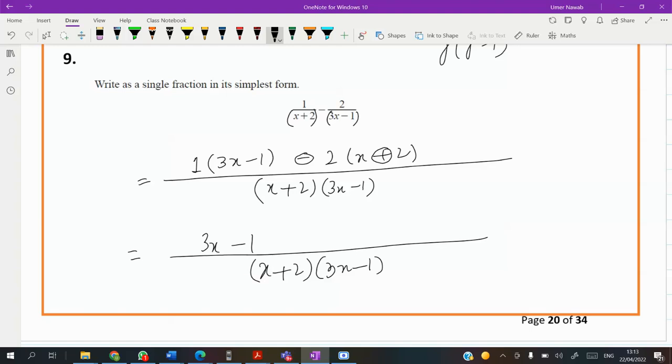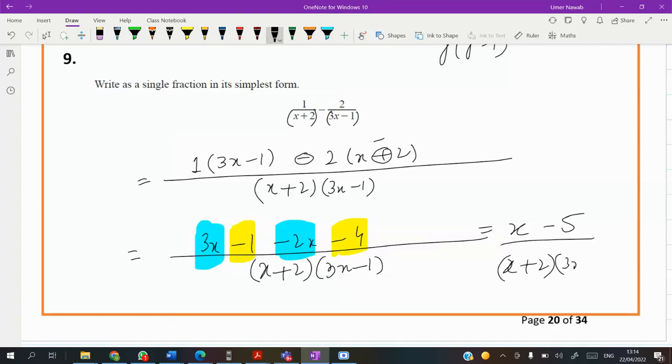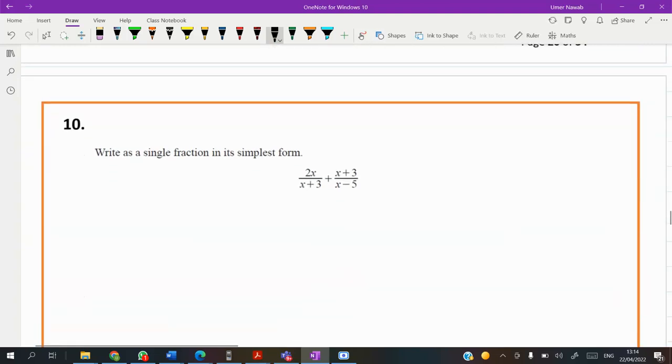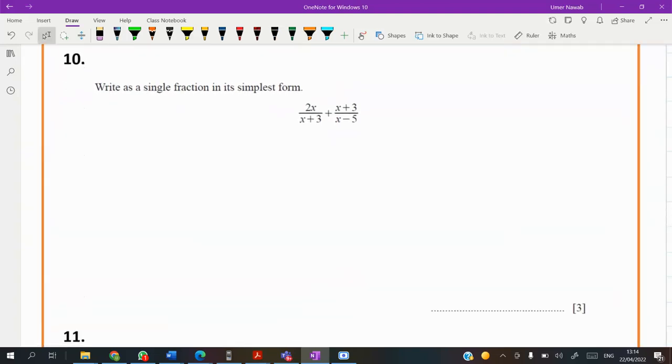Minus changes this plus sign to minus, so I'm going to get minus 2x minus 4. Final answer, 3x minus 2x, it is x, and minus 1 minus 4 is minus 5 over, don't expand the denominator. Use the brackets.